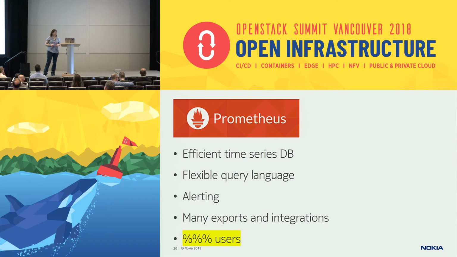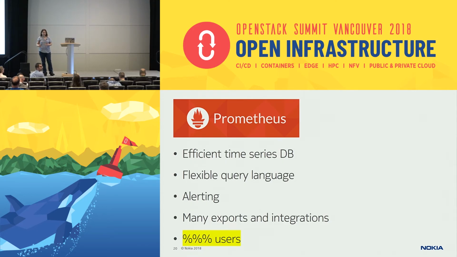It has alerting systems, and from my point of view, the main strength of Prometheus is that it has pluggable exporters. Everyone can take any monitoring system or alerting system that they have and implement an exporter that can be plugged into Prometheus. And from the other side, Prometheus can give you alerts in almost any way that you want.